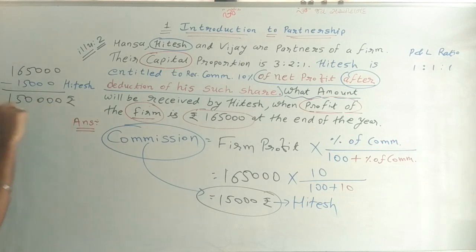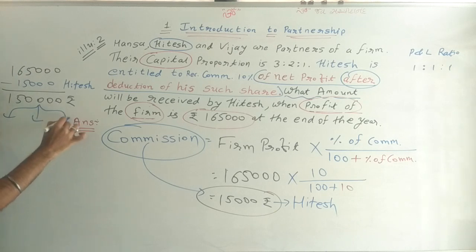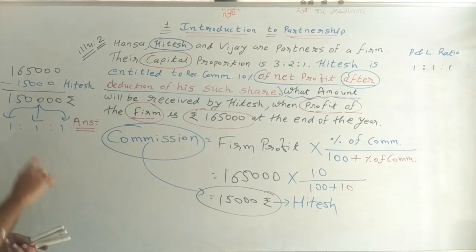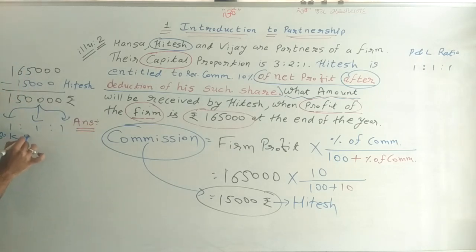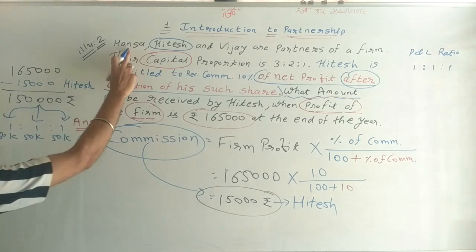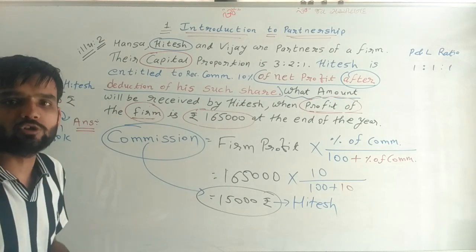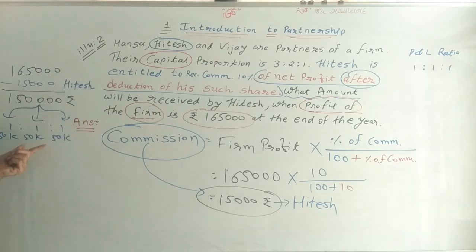This remaining profit of 1,50,000 we are distributing among 3 partners in the profit and loss ratio, which is given as 1:1:1. So we distribute 1,50,000 in equal proportion. 1,50,000 divided by 3 is 50,000 each. So all the partners received a profit of 50,000 rupees.